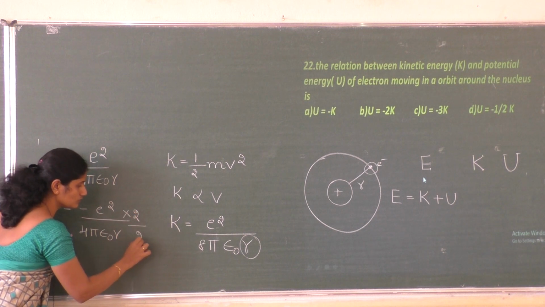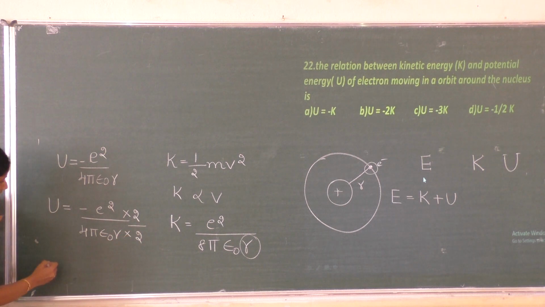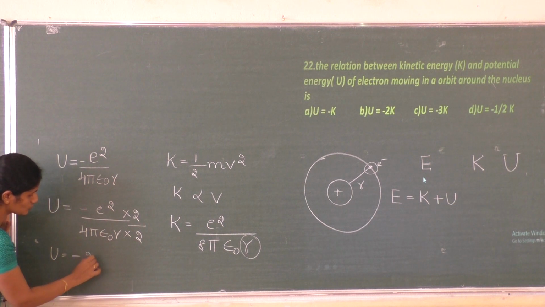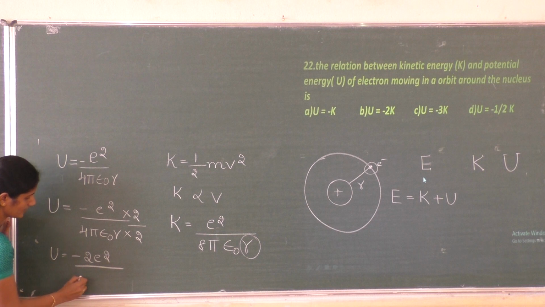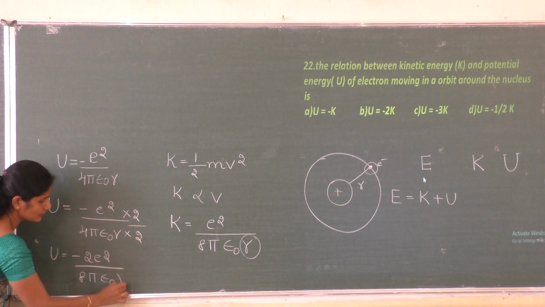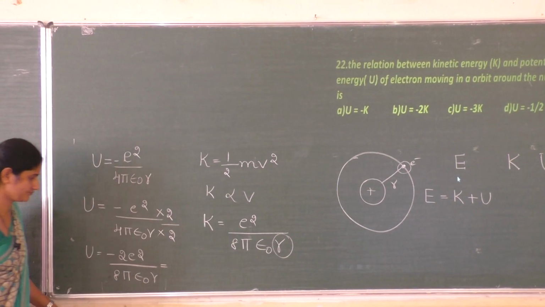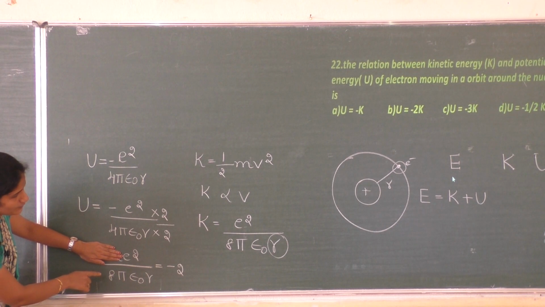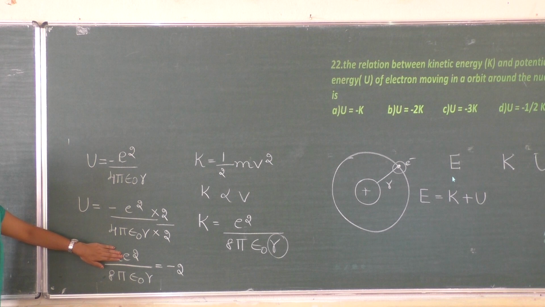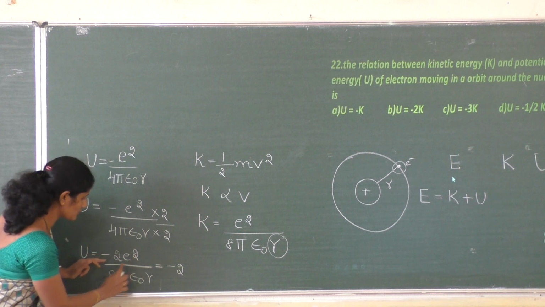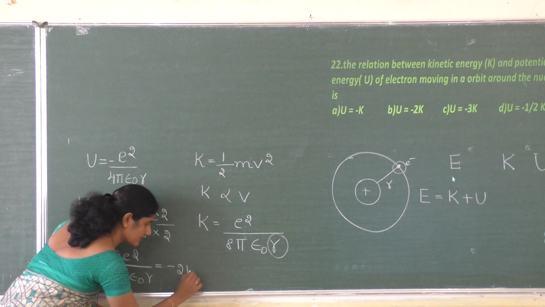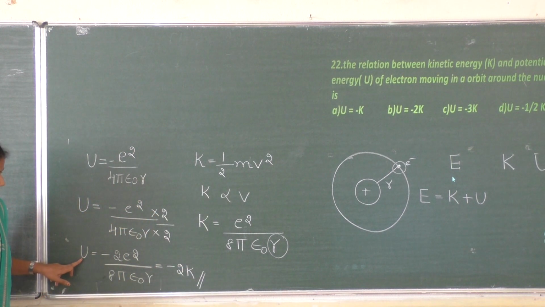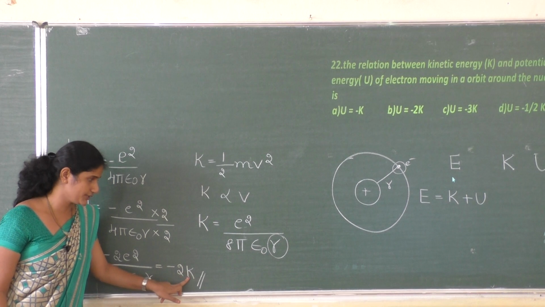Multiplying and dividing by 2, I get U equal to minus 2e square divided by 8 pi epsilon naught R, which is minus 2 into e square divided by 8 pi epsilon naught R. We know that e square divided by 8 pi epsilon naught R is nothing but the kinetic energy K. So the potential energy U is equal to minus 2 into kinetic energy.